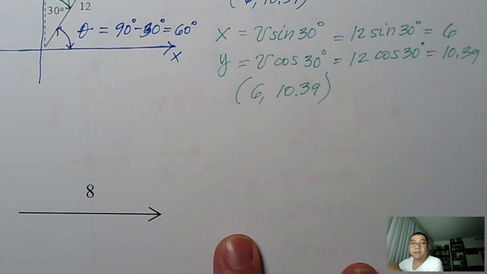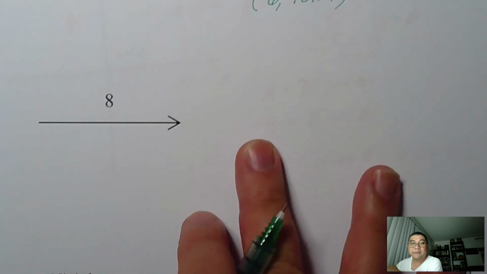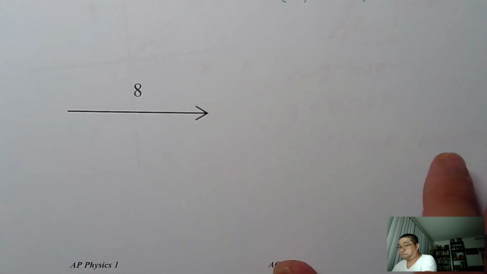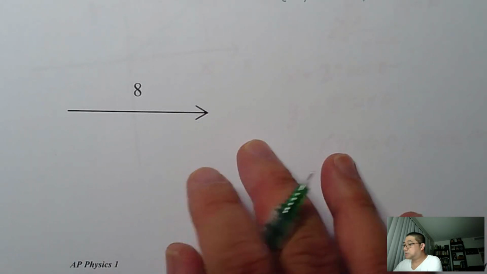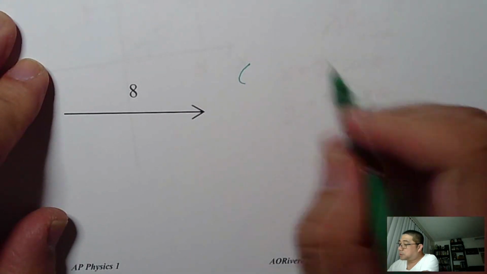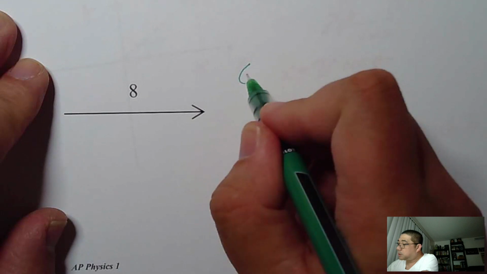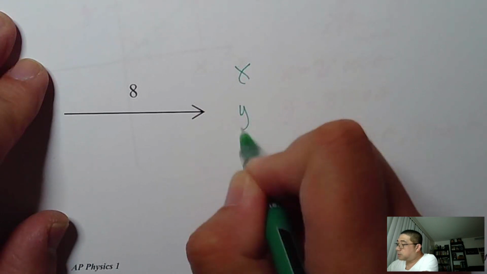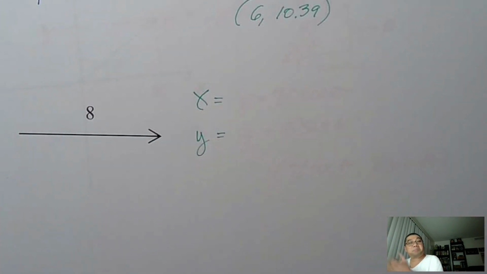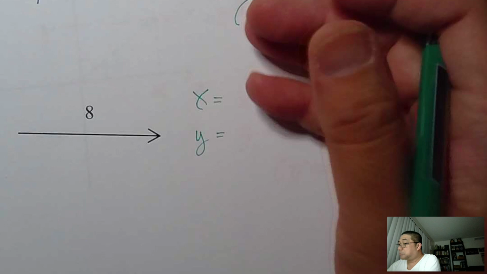Next and final example. This is complicated because the angle is 0, because it's along the x-axis. So, if it's along the x-axis, what do you know about the y component? So x and then we have y. You want to apply what we learned from the previous lessons.